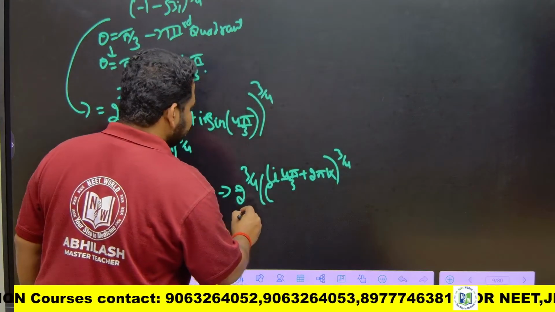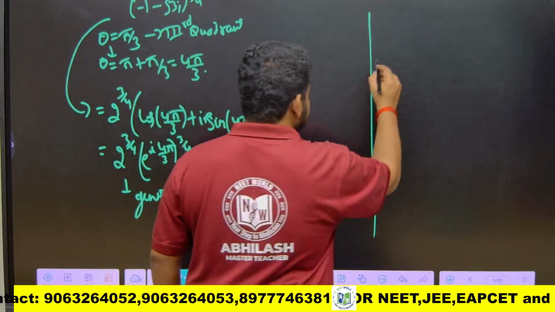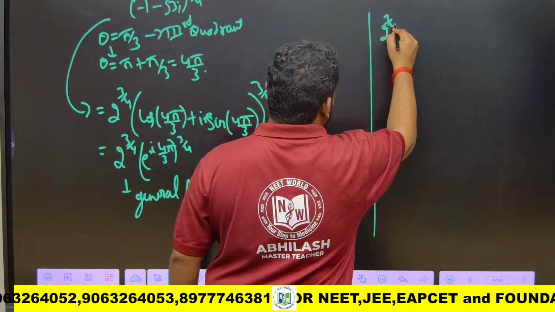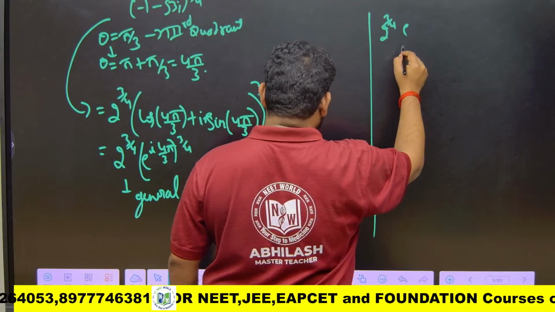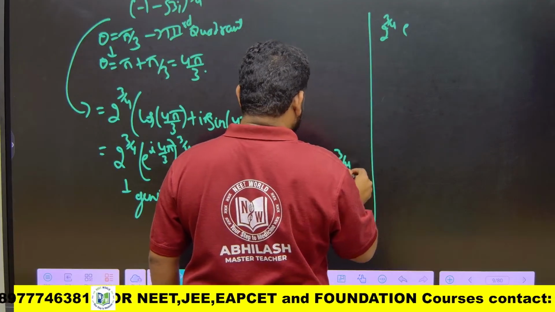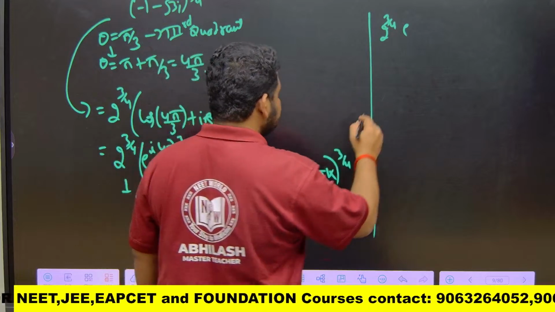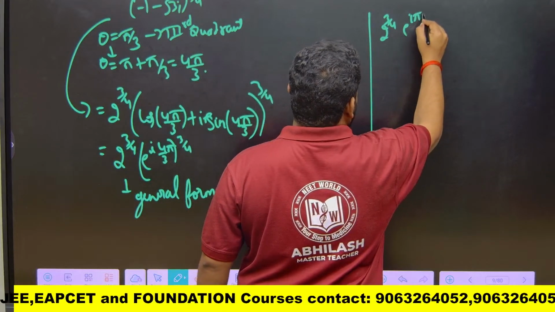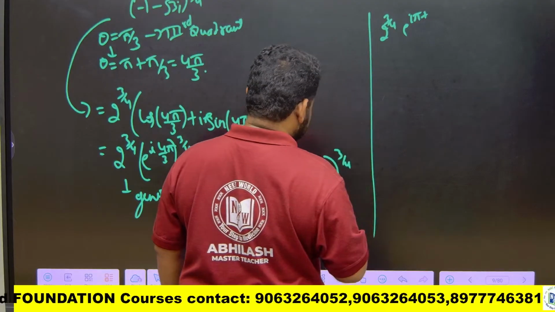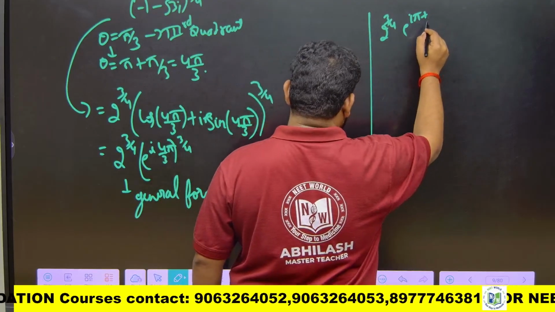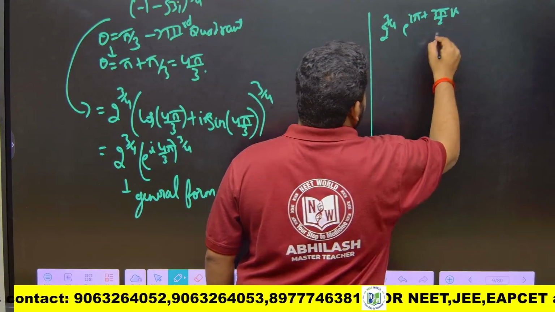If I simplify, I will get 2 to the power of 3 by 4 into e to the power of i times (pi plus 3 pi by 2 times k).